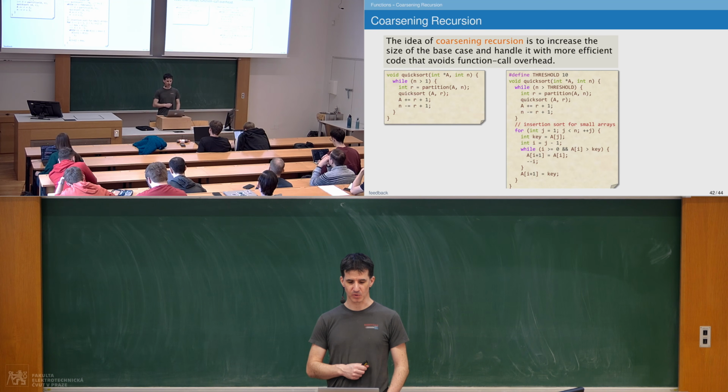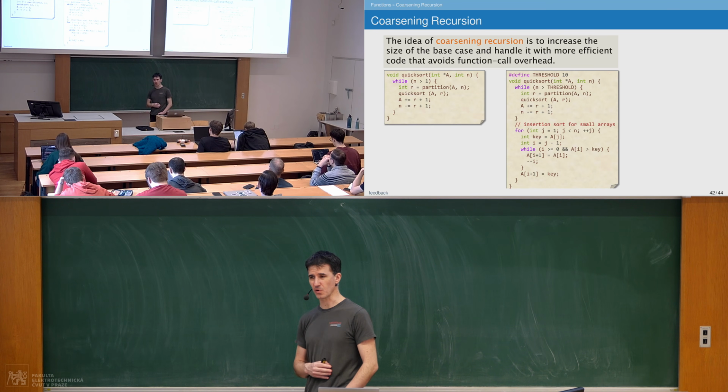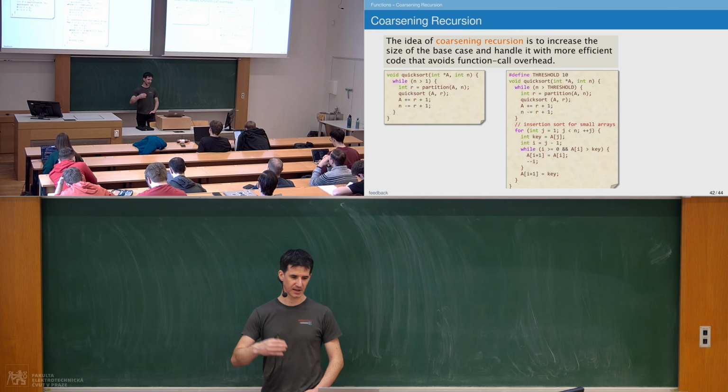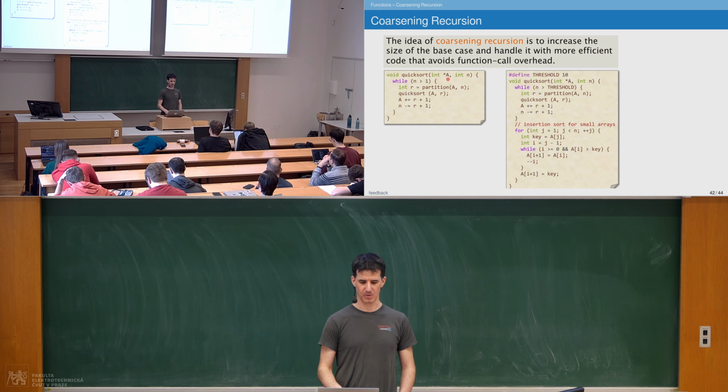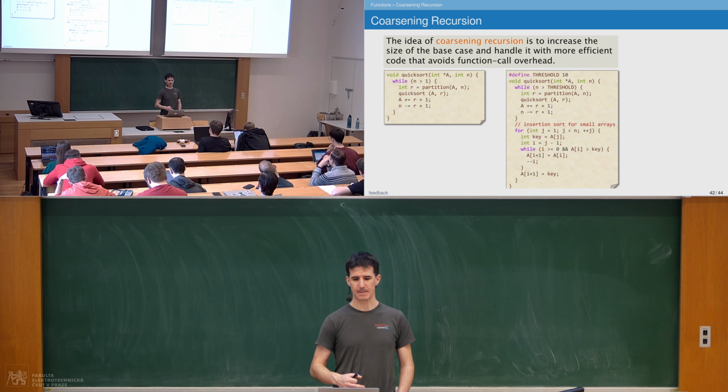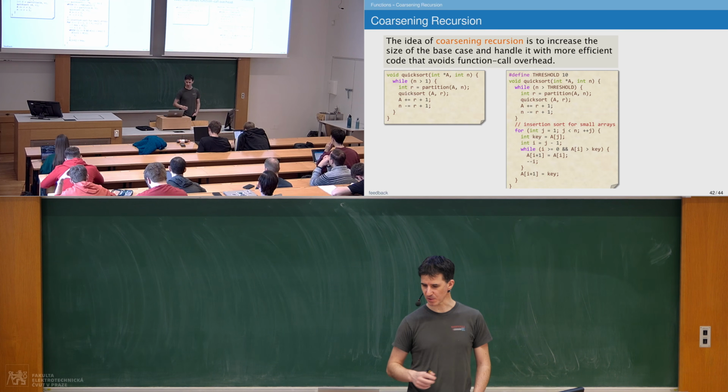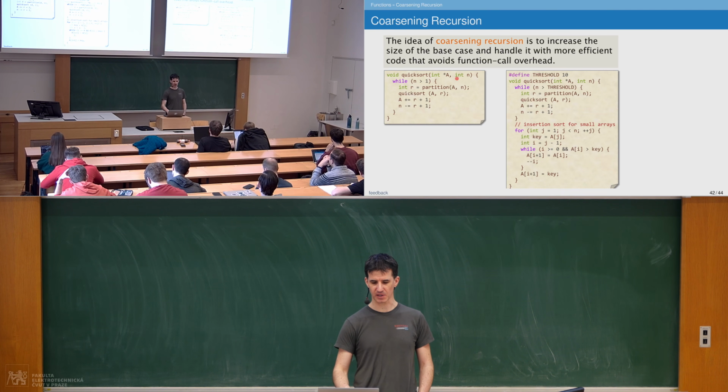Another thing you can do is recursion coarsening. So instead of doing one invocation per iteration, you do recursive invocation only for small numbers of n. This is a sorting algorithm.